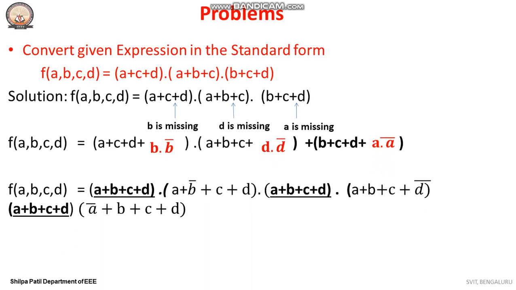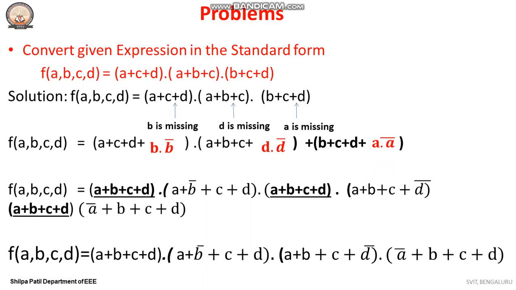So we will get A plus B plus C plus D, A plus B bar plus C plus D, A plus B plus C plus D, A plus B plus C plus D bar, and A plus B plus C plus D, and A bar plus B plus C plus D. Here you can remove the repeated terms. So the final expression we will get is this one, right? Check that all the sum terms have all the variables, then this is a standard POS expression.